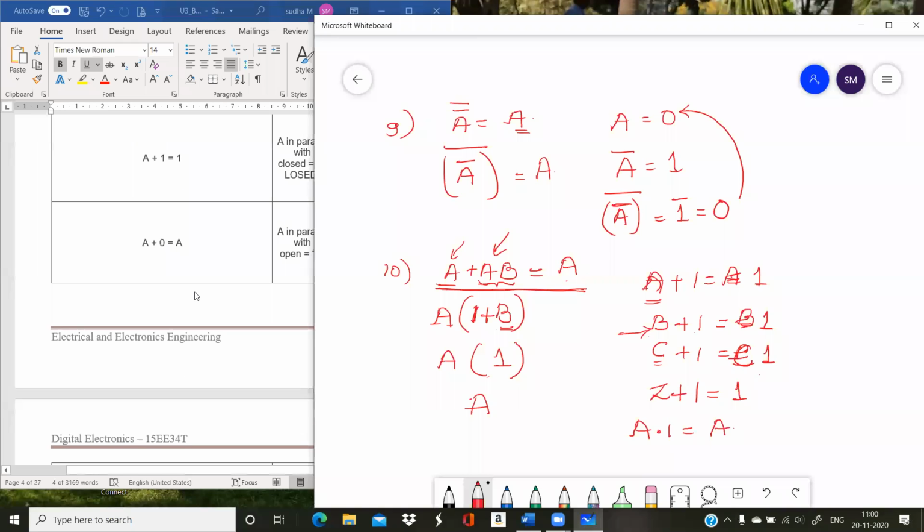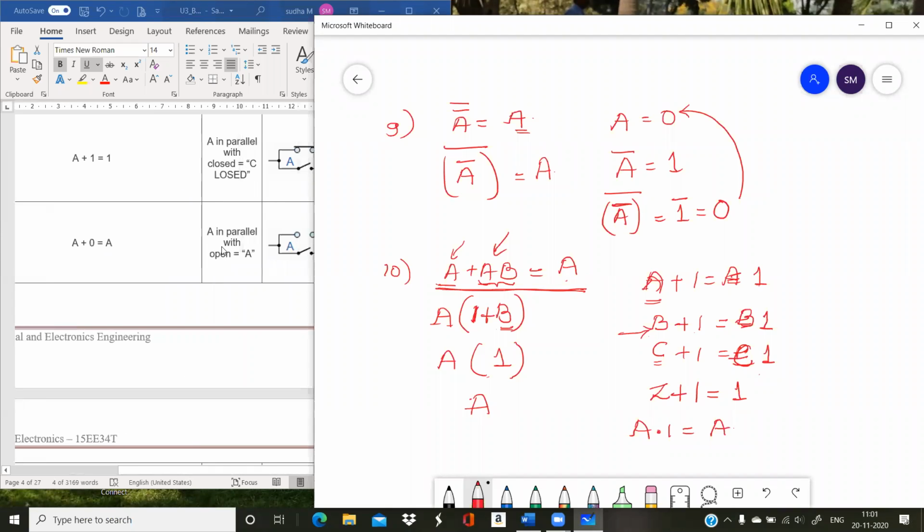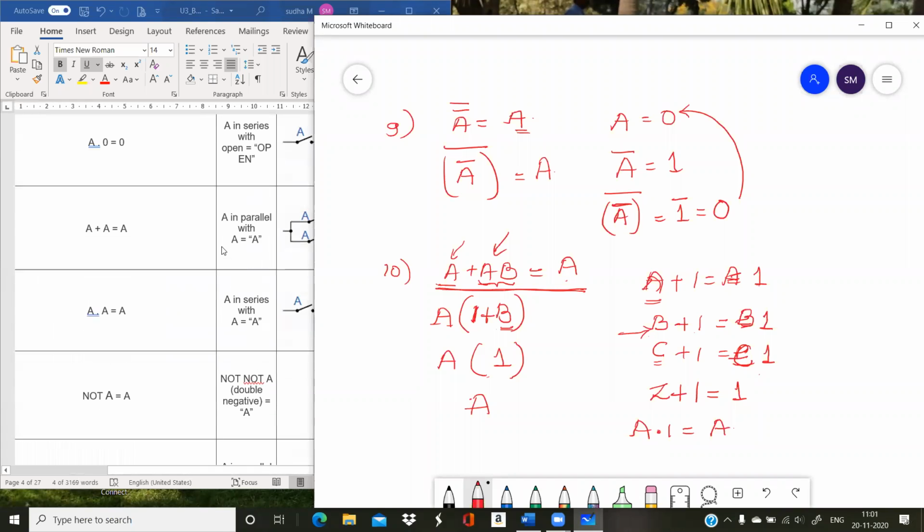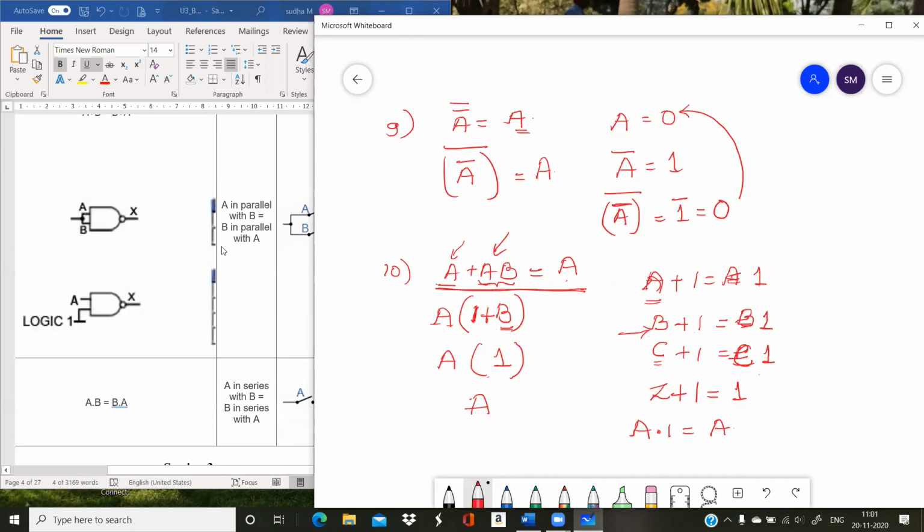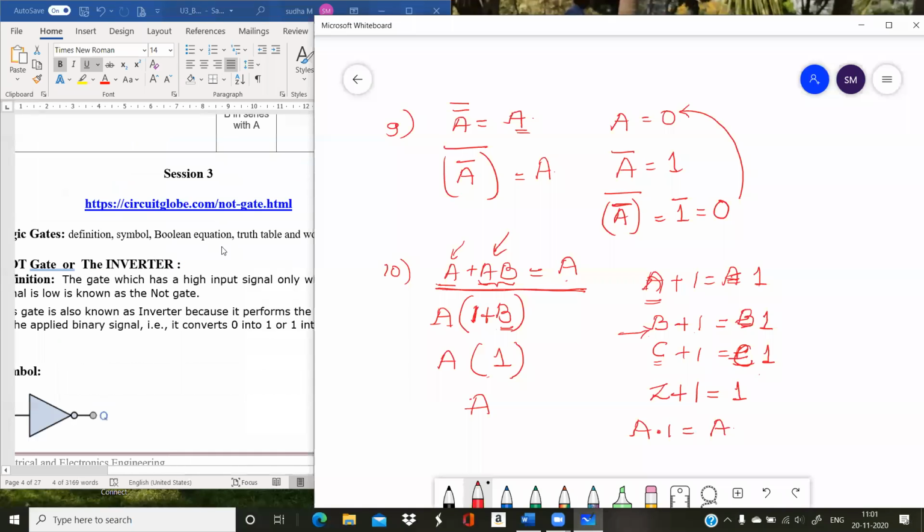These postulates are given with the circuits that you can go through once. This is about the different basic rules we are using in Boolean algebra.